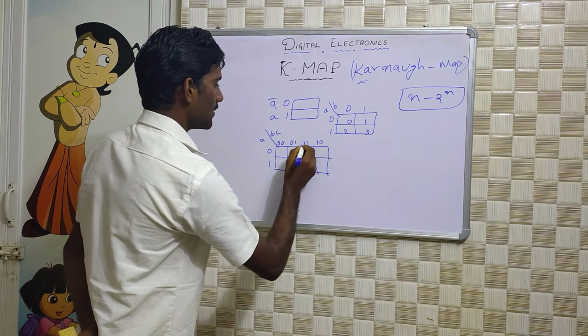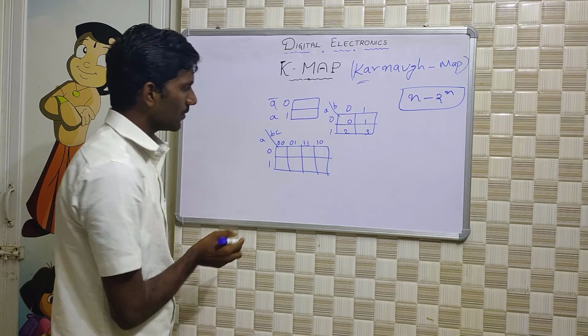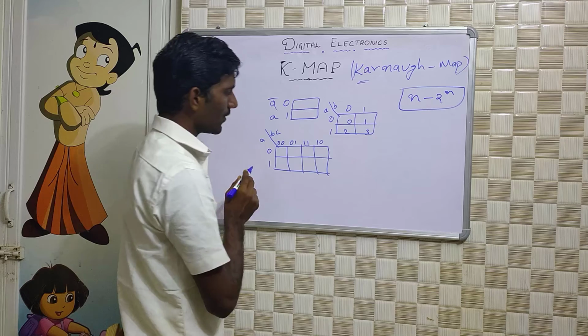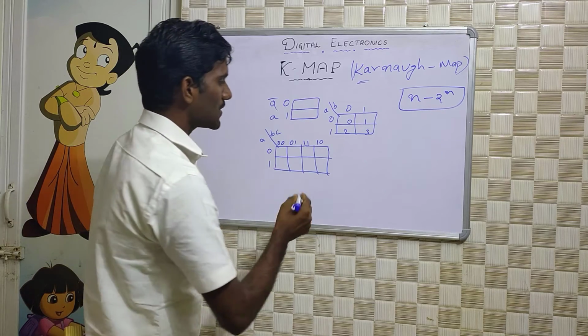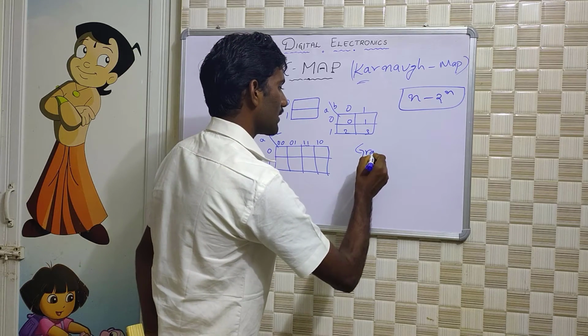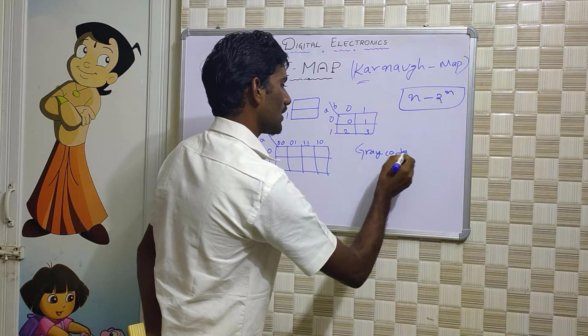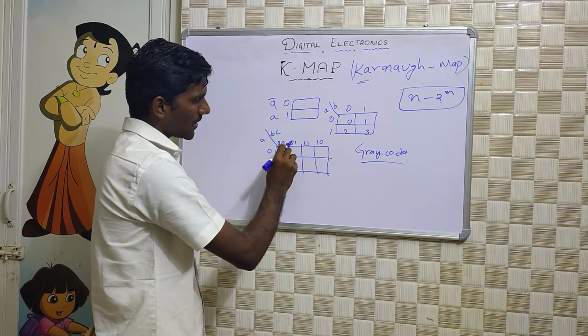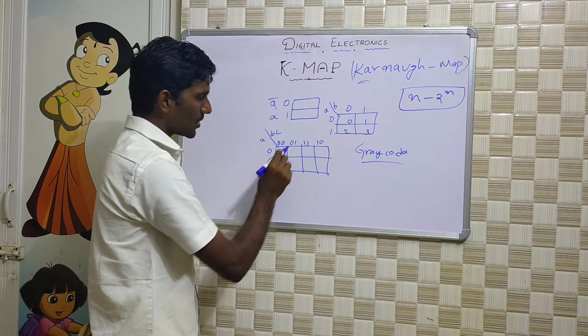Here we take 0 0, 0 1, 1 1, then 1 0, because we are using gray code. In gray code, from the previous state only one bit needs to be changed.